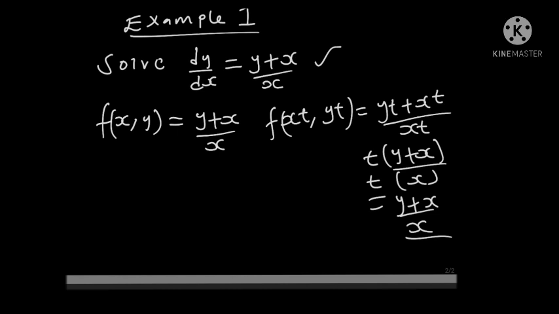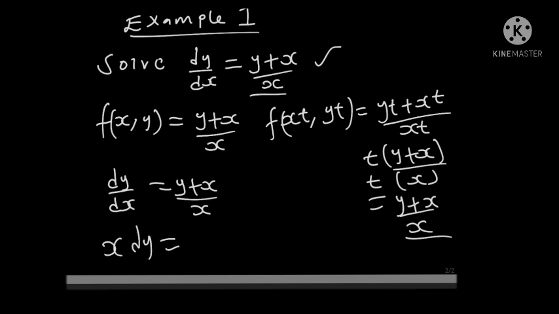Since this equation is equal to this, then this is a homogeneous equation and thus can be reduced to separable form. Now let's go ahead and solve it. Because we have dy over dx equals y plus x over x, let's cross multiply. So we have x dy equals y plus x dx.